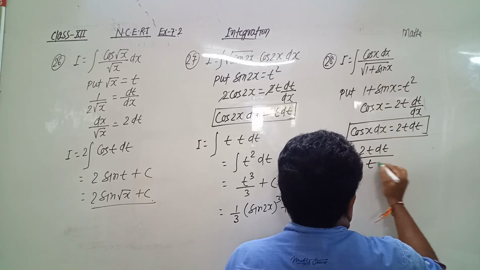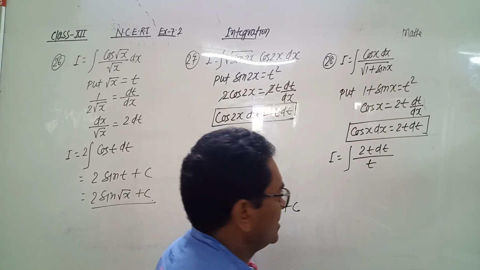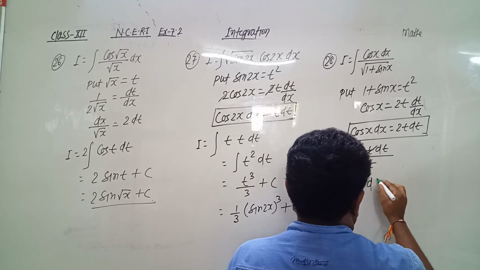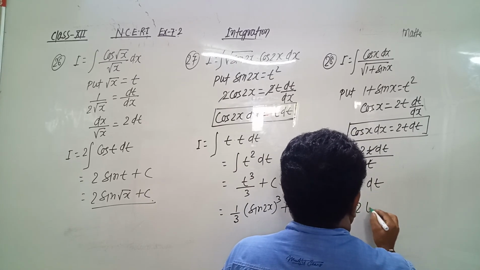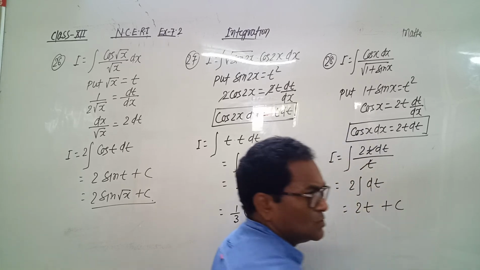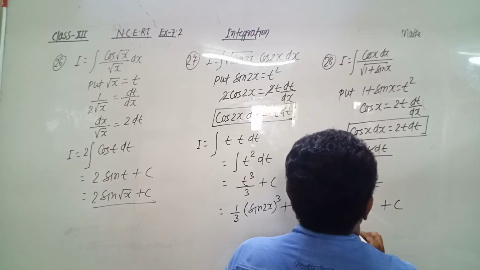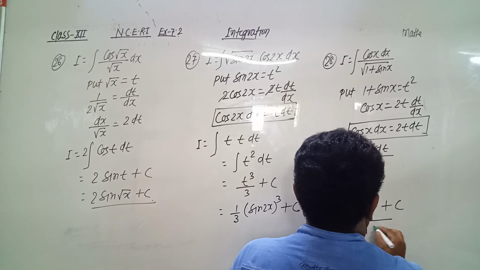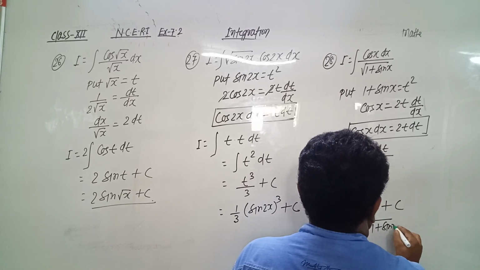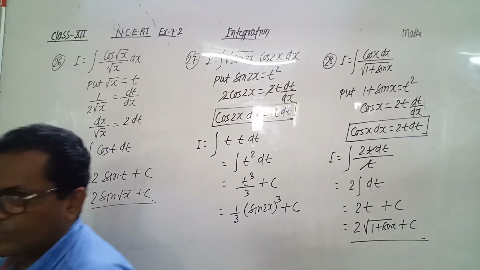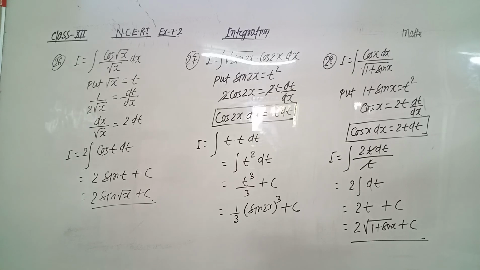Root of 1 plus sin x is t. So t and t cancel, and we get 2 integration of dt, and integration of dt is t. So 2t plus c. Put the value of t. So 2 under root of 1 plus sin x plus c.